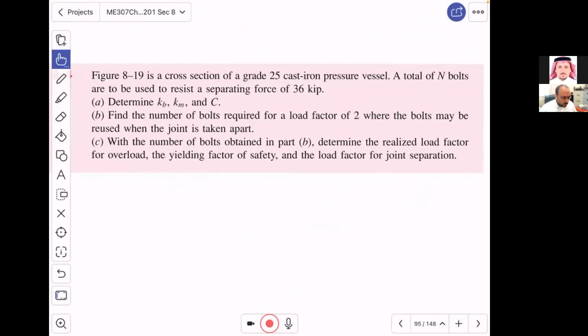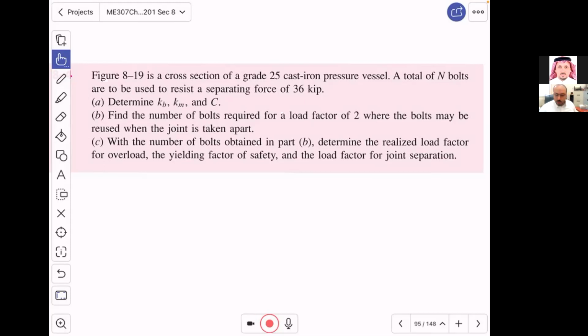We want to know the total number of bolts required to resist a separating force of 36 kilo-pound. So we will determine kb, km, C, and then we will determine the number of bolts based on the assumption that the load factor is equal to 2.